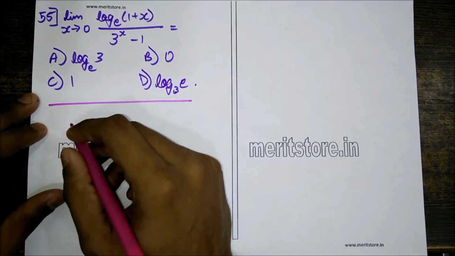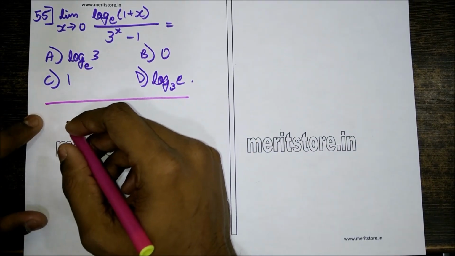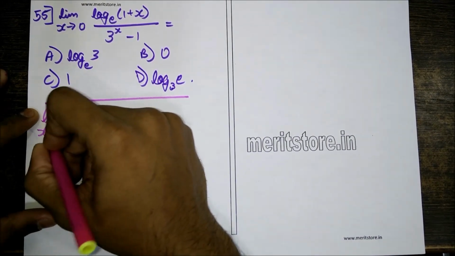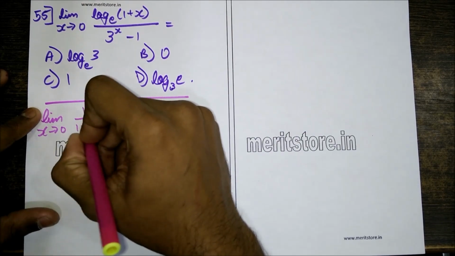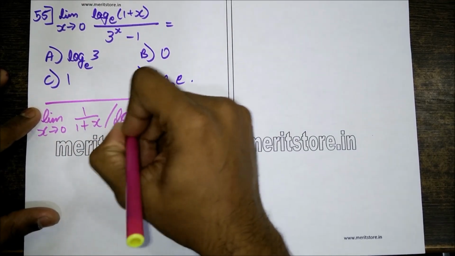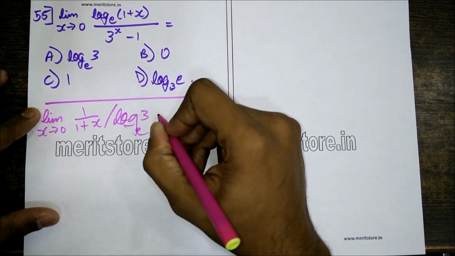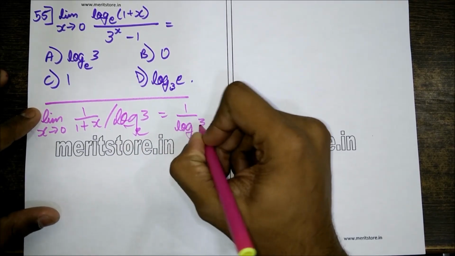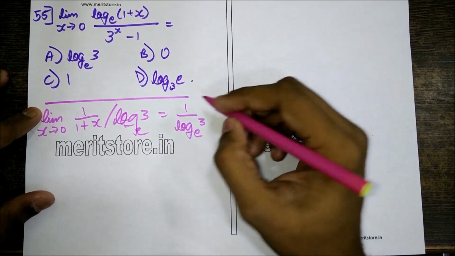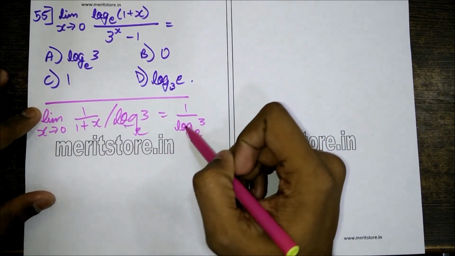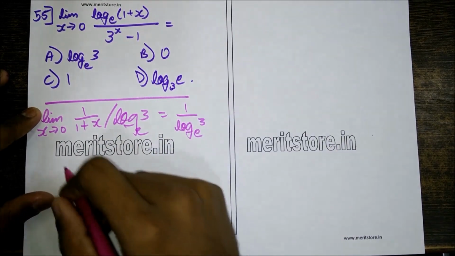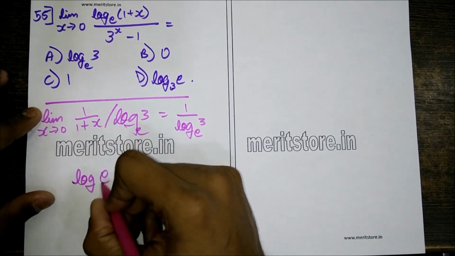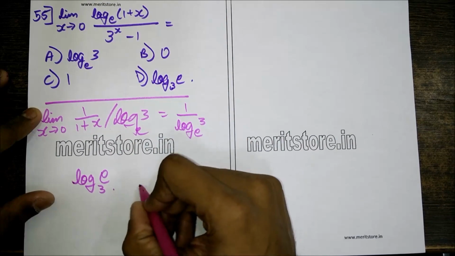So first, now we know it is in 0 by 0 form, and therefore using L'Hopital's rule we get limit of x tends to 0 of 1 by 1 plus x divided by log 3 to the base e, which is 1 by log of 3 to the base e, on applying the limit of x tends to 0. Now if we want to take it in the numerator, that gives us log of e to the base 3, which is option D.